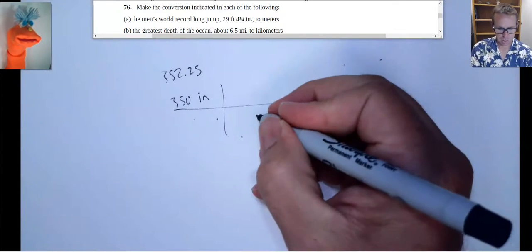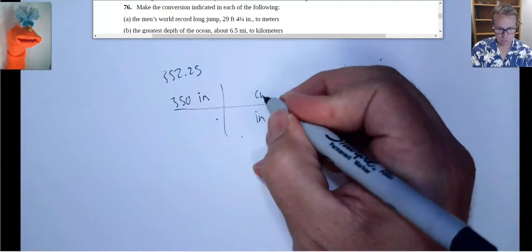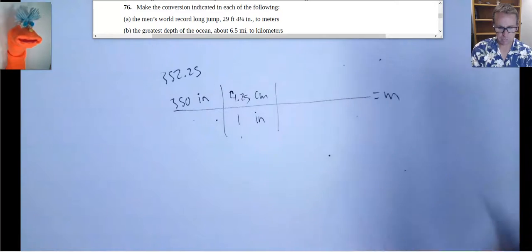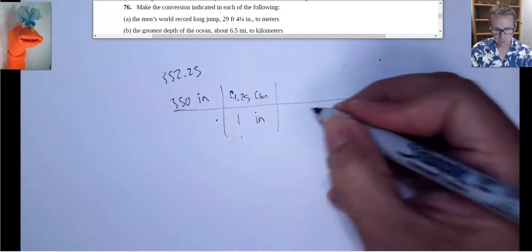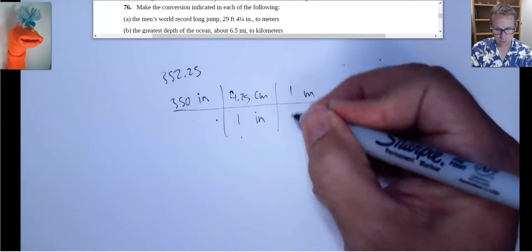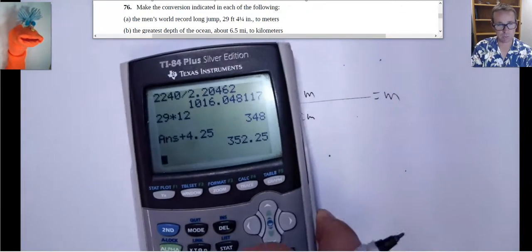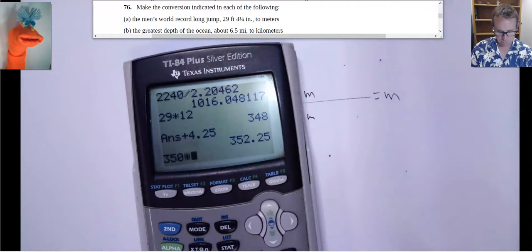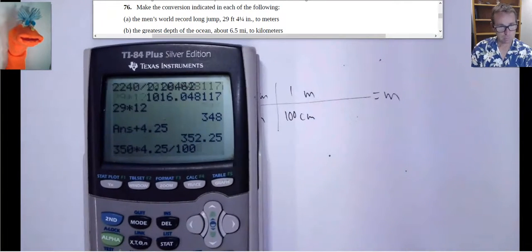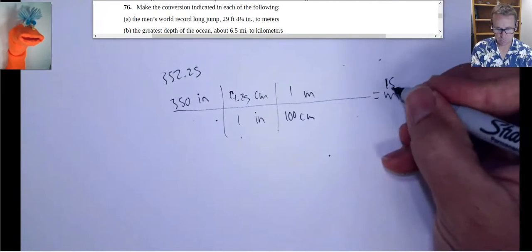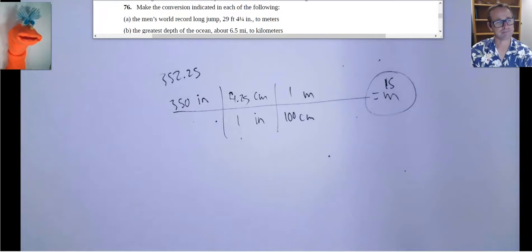Okay, inches to centimeters, I know that. 2.54 centimeters is 1 inch. And then centimeters to meters, I know that 1 meter is 100 centimeters. So 350 times 2.54 divided by 100. So 8.89, two significant digits, 8.9 meters.